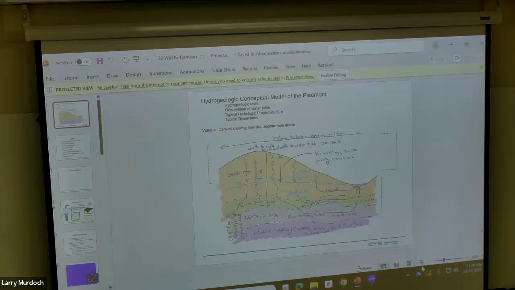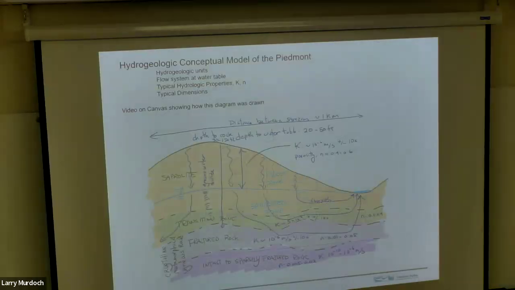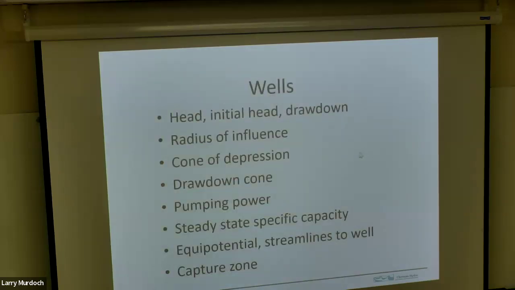Okay, so what I'd like to talk about today, so this was in the slide deck, this is the conceptual model for the Piedmont. And what I want to talk about today is the continued discussion of wells and what happens when you pump wells and what is controlling well performance.